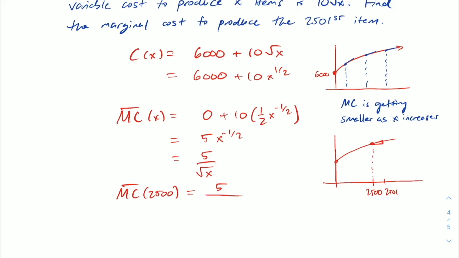We'll get the square root of 2,500 in the denominator. That works out to be 50. If you take the square root of 2,500, you get 50, which, if we do division here, we'll get 1/10 or 0.10. So as we go from 2,500 to 2,501, the increase in our cost is about 10 cents.